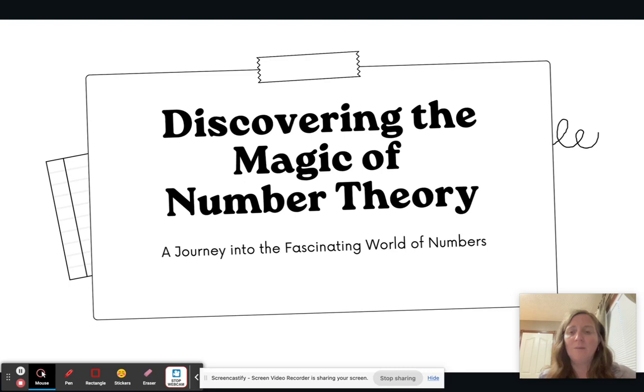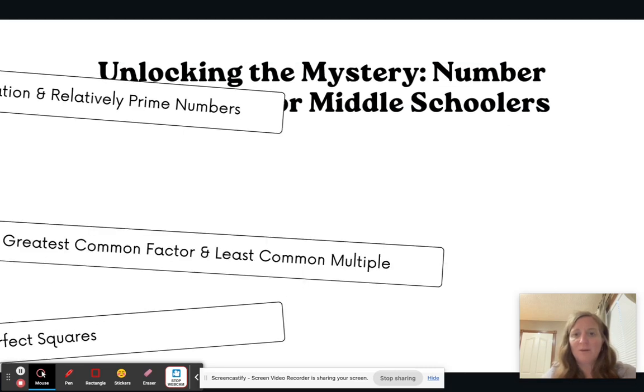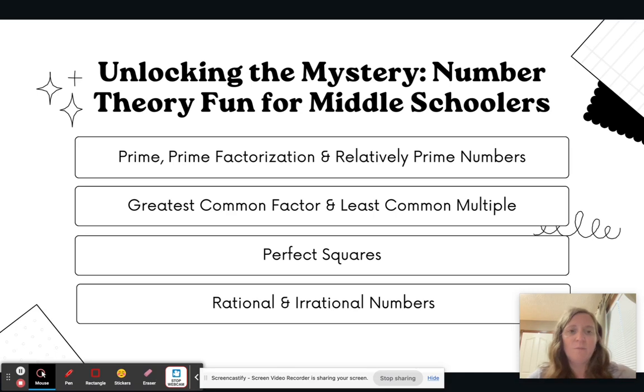And so we're going to spend a few videos going over different types of numbers. So the next few videos, we're going to have prime factorization, relatively prime numbers. We'll have another video on greatest common factor, least common multiple, another one on perfect squares, and another one on rational and irrational numbers.